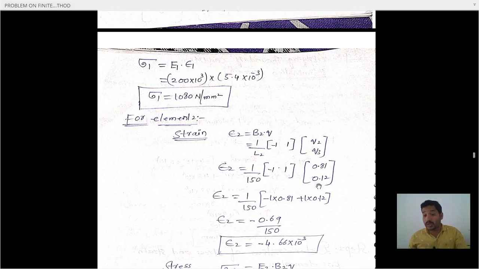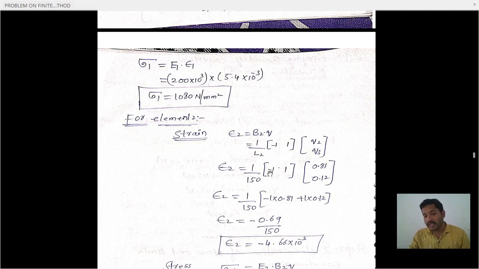Q3 is 0.12. Always remember one thing, because we are considering the Q3 value: Q1 is 0, Q2 is 0.81, and Q3 is the gap from the third node to the fixed end, which is 0.12.